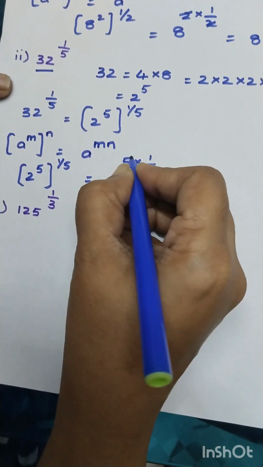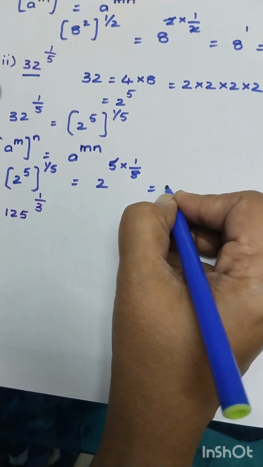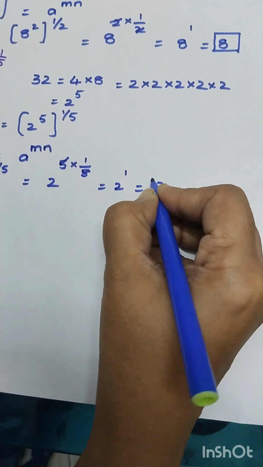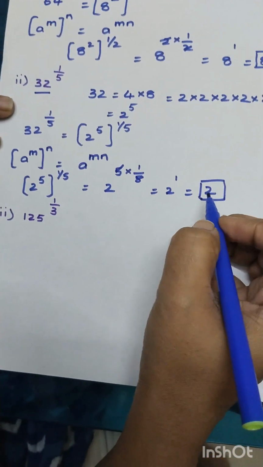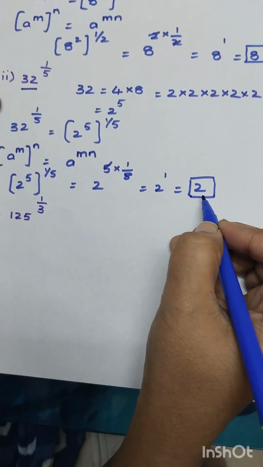Can we cancel the numerator and denominator? Yes. So this gives 2 power 1, that is 2. So what is the answer for this? It is 2. 32 power 1 by 5 gives 2.